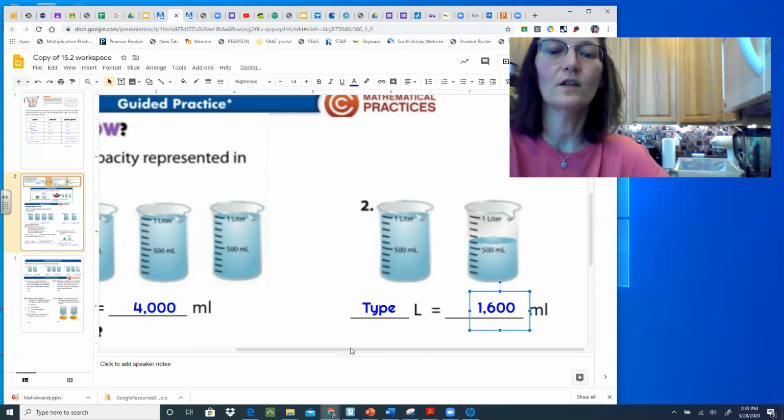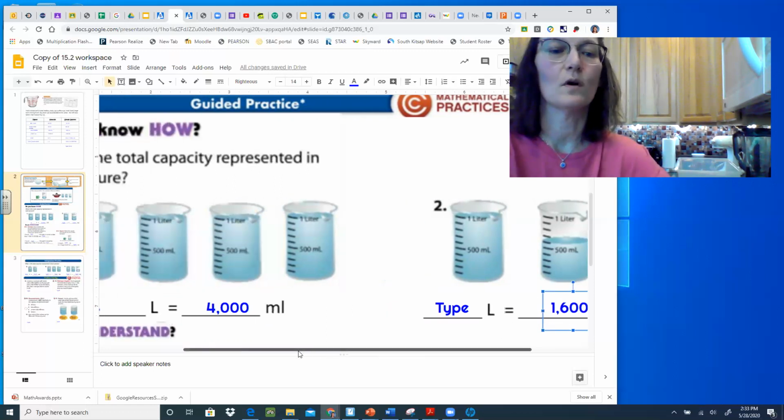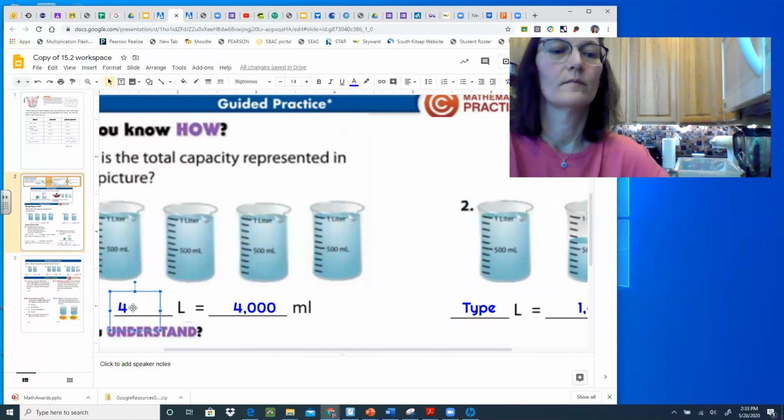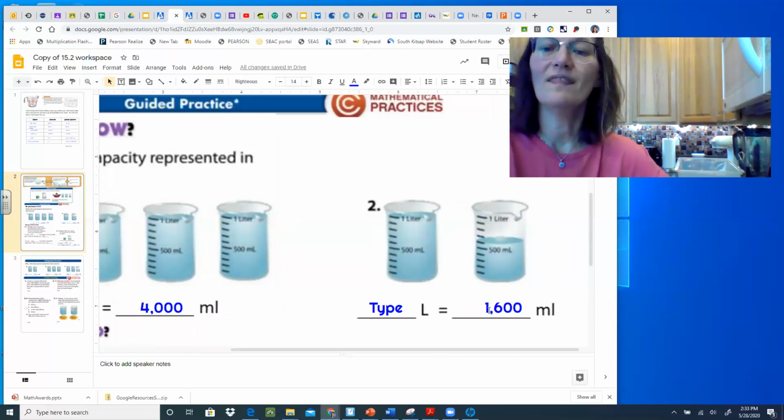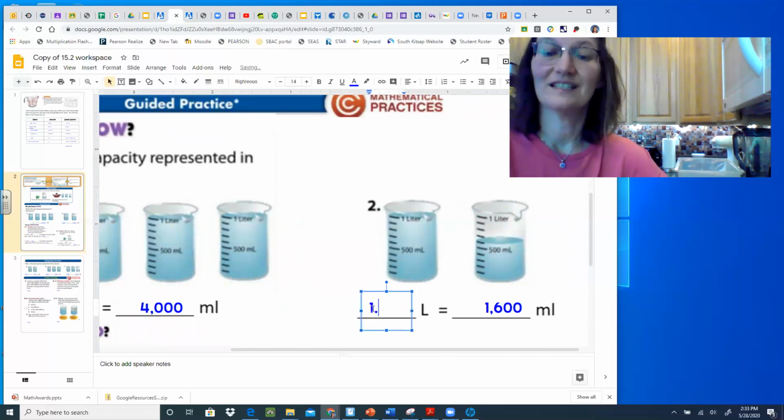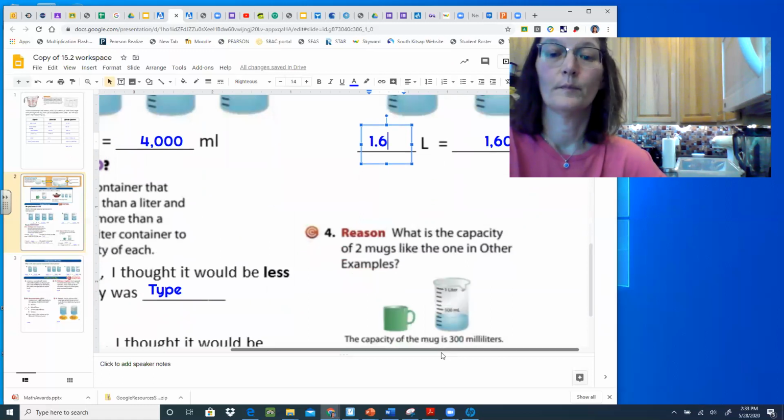Now, if we look back at our thing from before, 4,000 was 4. So 1,600 is going to be 1.6 liters. So if you need to pause the video to get your typing done, please do so.